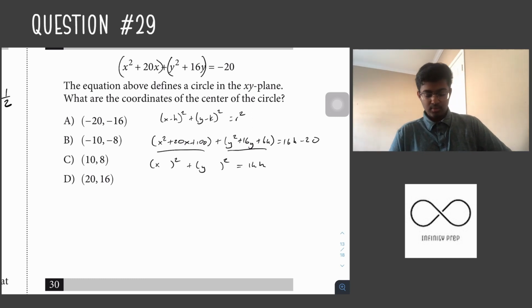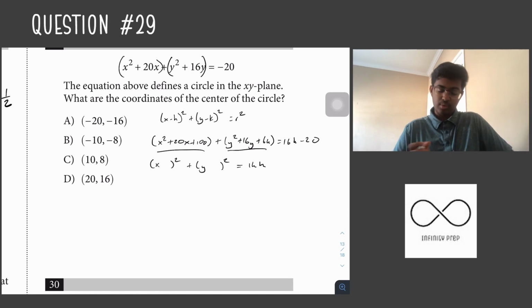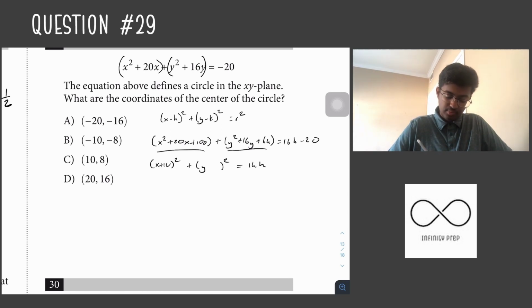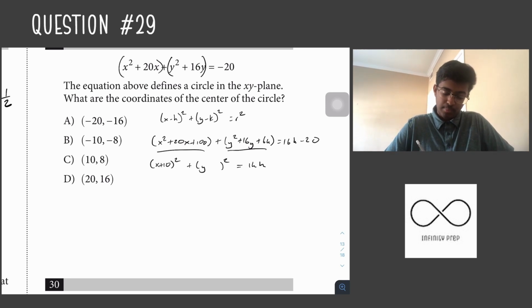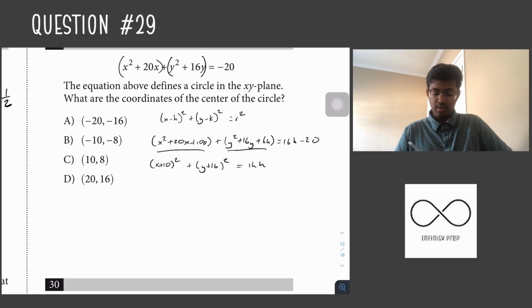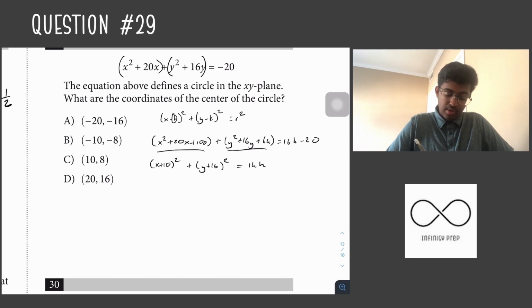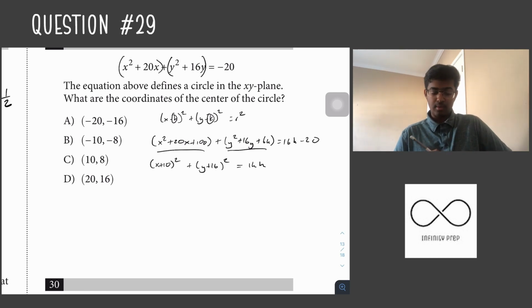So 10 times 10 equals 100, and 10 plus 10 equals 20, so this would become x plus 10. 8 times 8 equals 64, and 8 plus 8 equals 16, so it would become y plus 8. That would be our equation of the circle. Now, h and k right here are the points of the center of the circle.